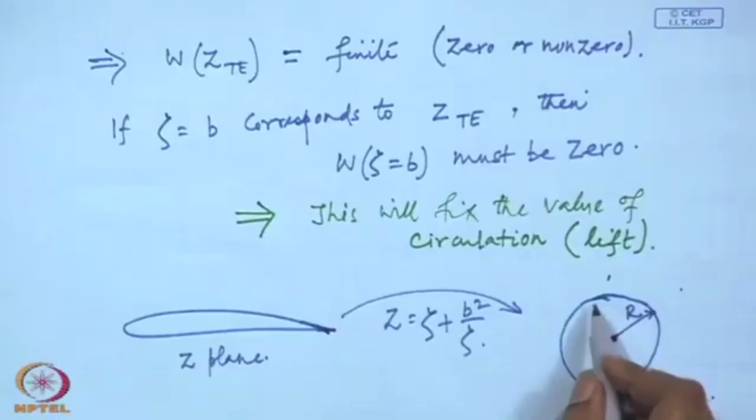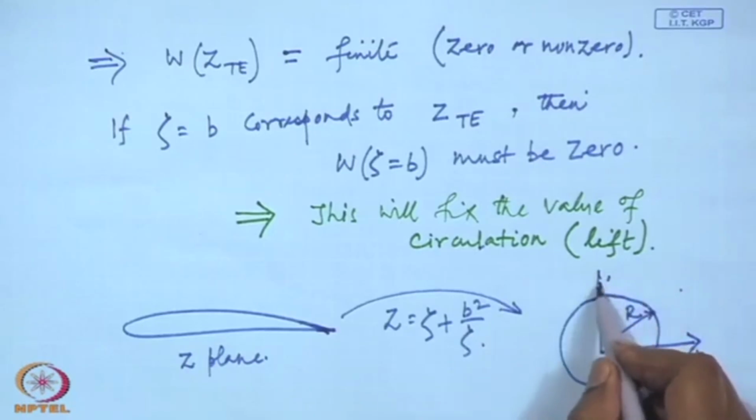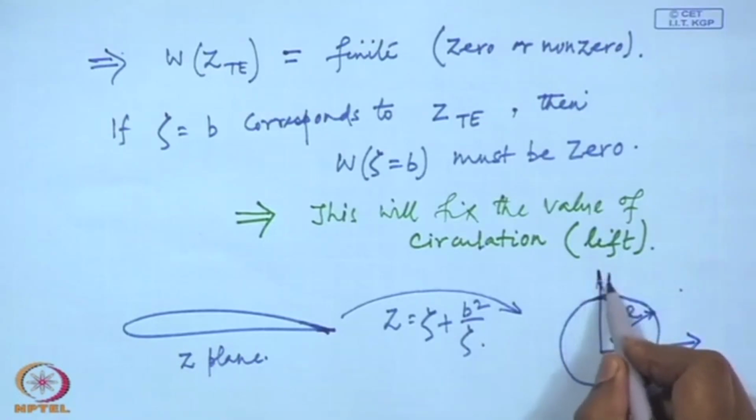Let us say we place the origin such that this is the zeta plane, and we call these axes xi and eta.